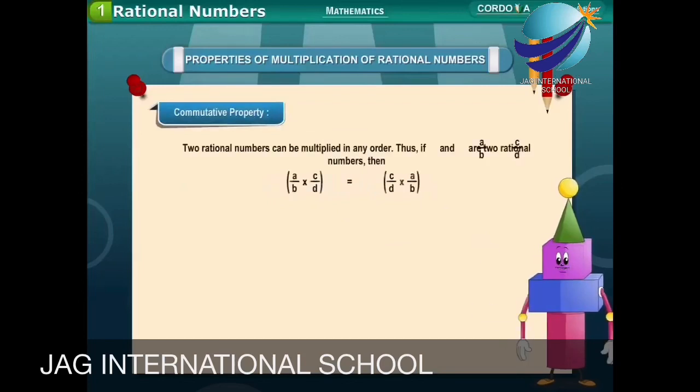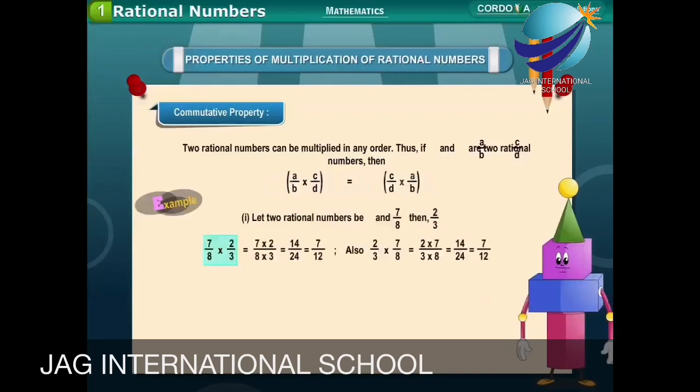Commutative property. Two rational numbers can be multiplied in any order. Thus, if a upon b and c upon d are two rational numbers, then a upon b into c upon d is equal to c upon d into a upon b. Example: Let two rational numbers be 7 upon 8 and 2 upon 3. Then 7 upon 8 into 2 upon 3 is equal to 7 into 2 upon 8 into 3, which is equal to 14 upon 24, which is equal to 7 upon 12.